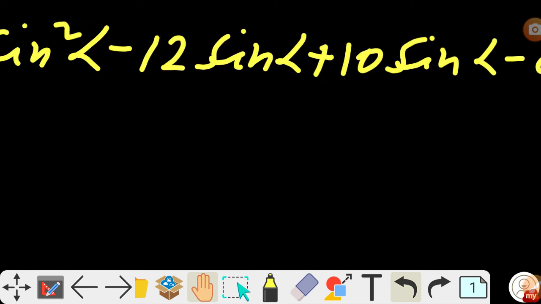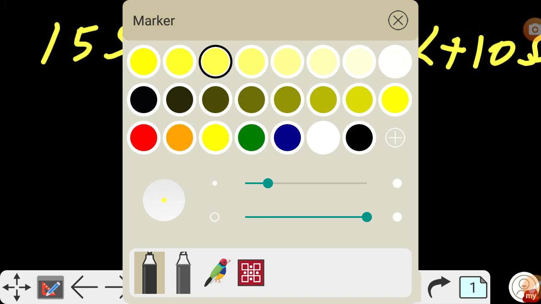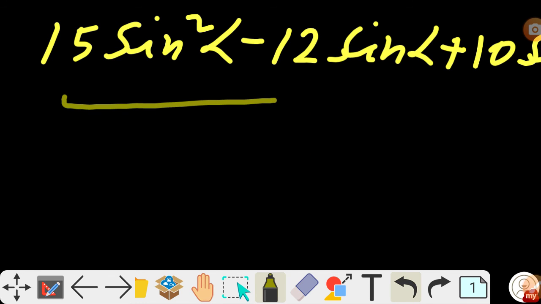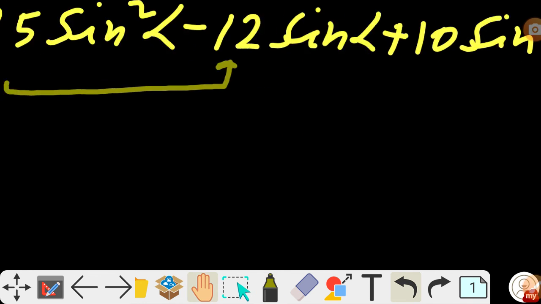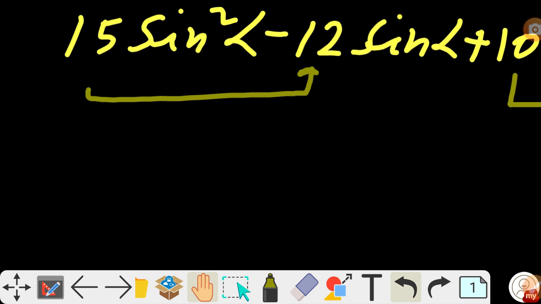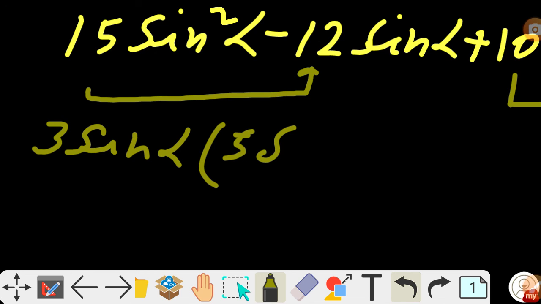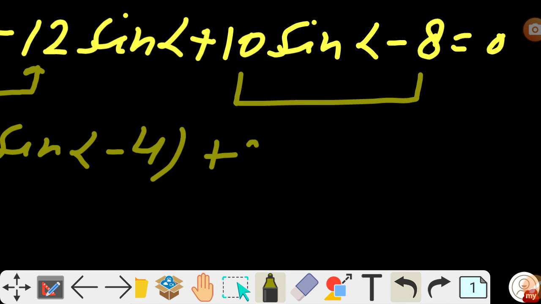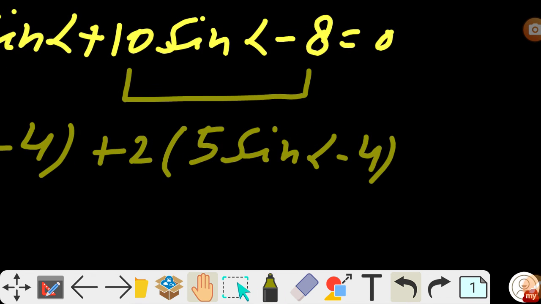Then you take common. From here you can take 3 sin alpha common from the first two terms, then you get 5 sin alpha minus 4, and from the last two terms you take plus 2 common, then you get 5 sin alpha minus 4.